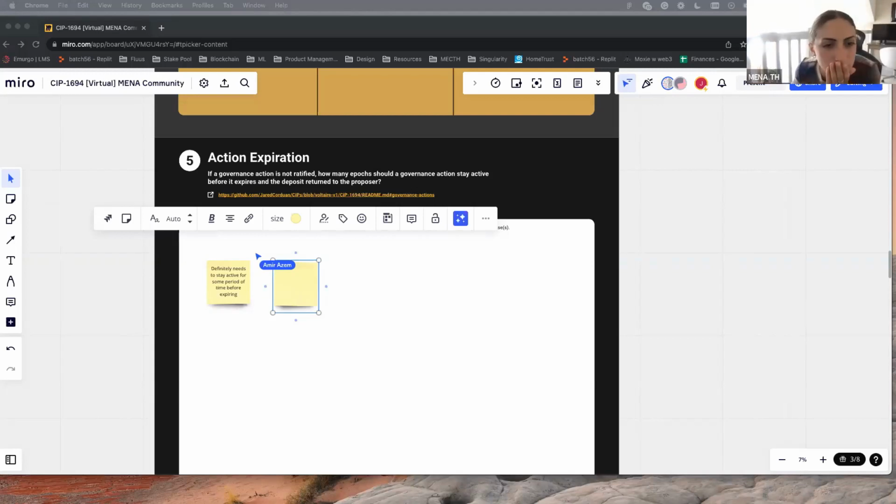And then if it doesn't pass for that period, or do the votes accumulate? Maybe I can say, okay, I'm going to keep it open. Is that what this means? Say maybe I want to open a governance action for 10 epochs and keep the votes accumulating. No, I think a governance action gets voted in within a time period, and then it either gets voted in or it doesn't. And this is like, if it doesn't, when should we return the deposit and expire this action?